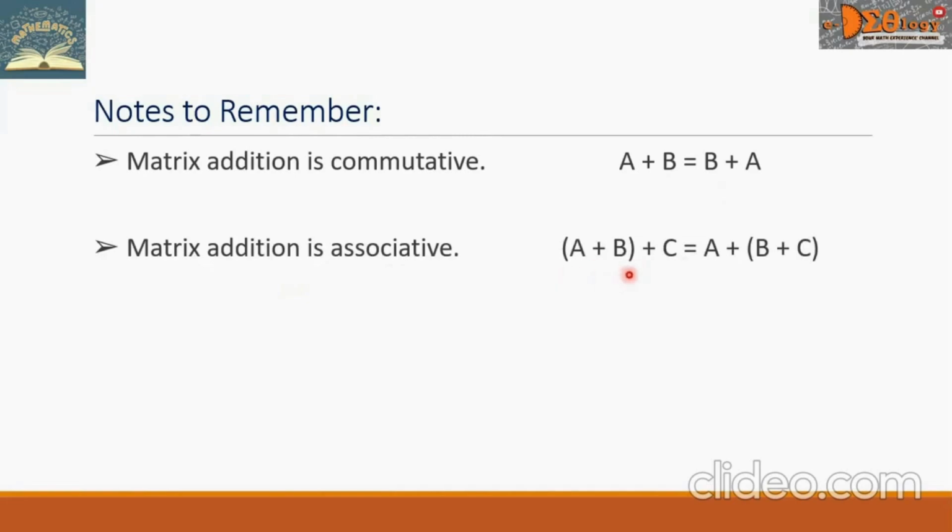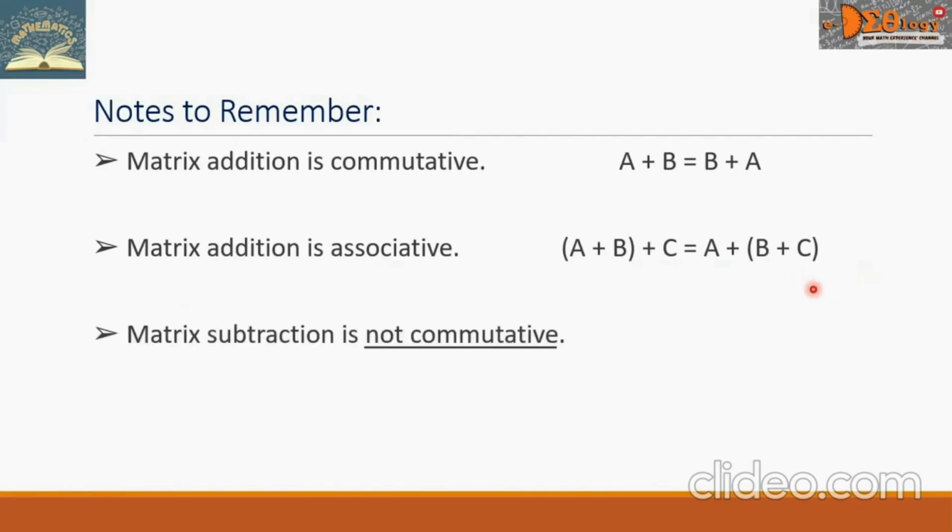The group of matrices A plus B, then plus C, is equal to the matrix A plus the sum of matrices B plus C. Note number 3, matrix subtraction is not commutative, and that is, A minus B is not equal to B minus A.